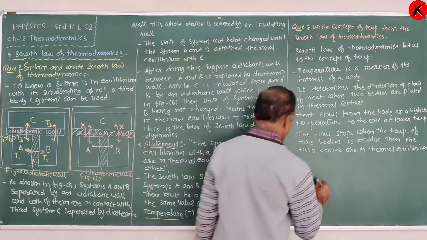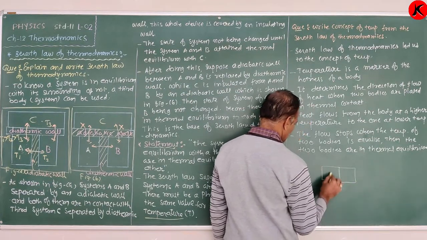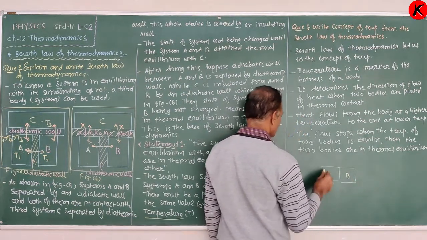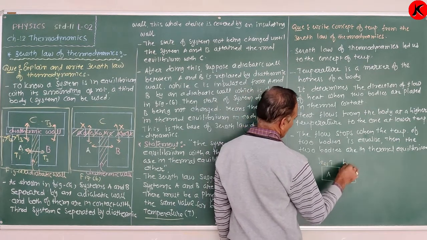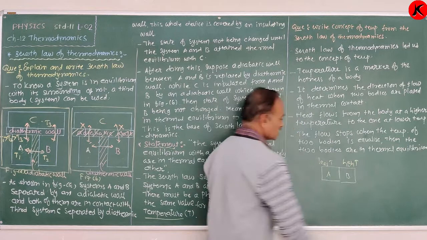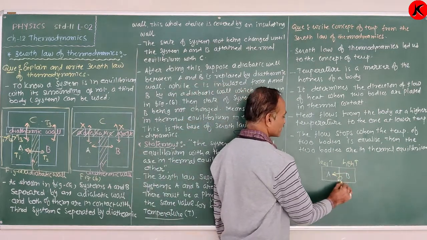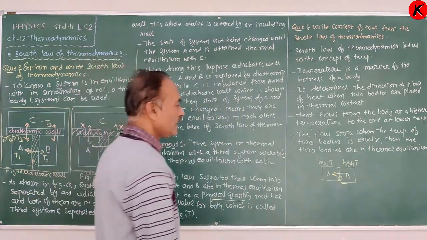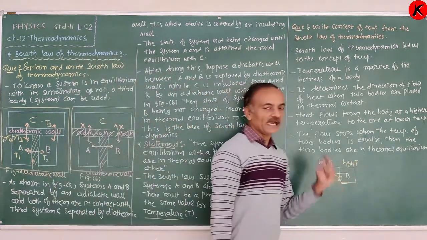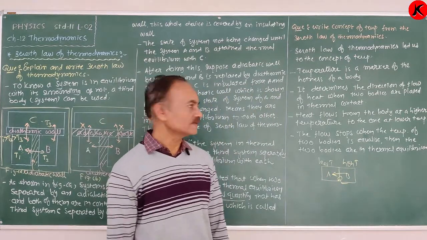Suppose two bodies A and B are kept in thermal contact with each other. A has the lower temperature, and B has the higher temperature. So an amount of heat Q is flowing from B to A, because B is at high temperature and system A is at low temperature.